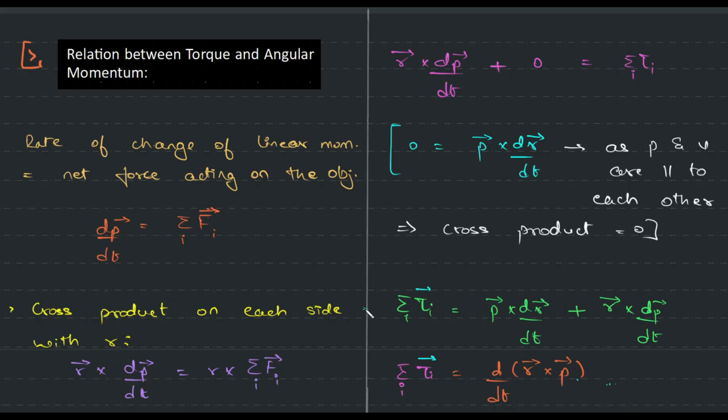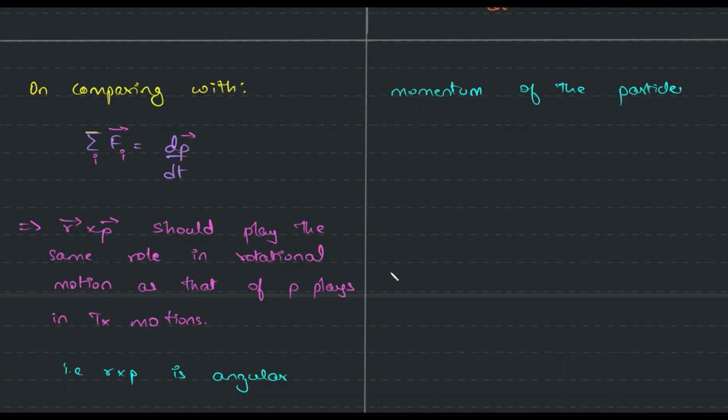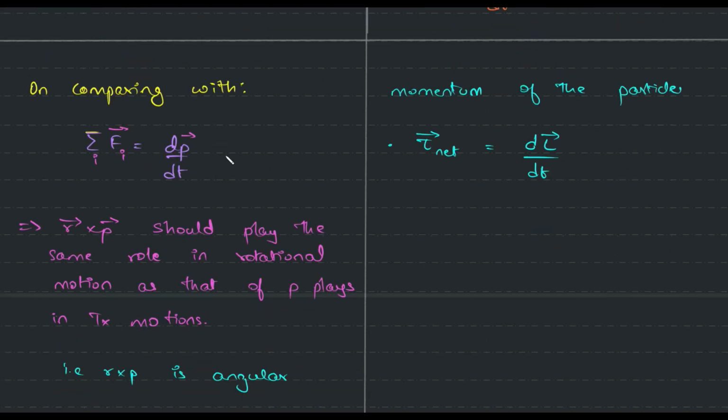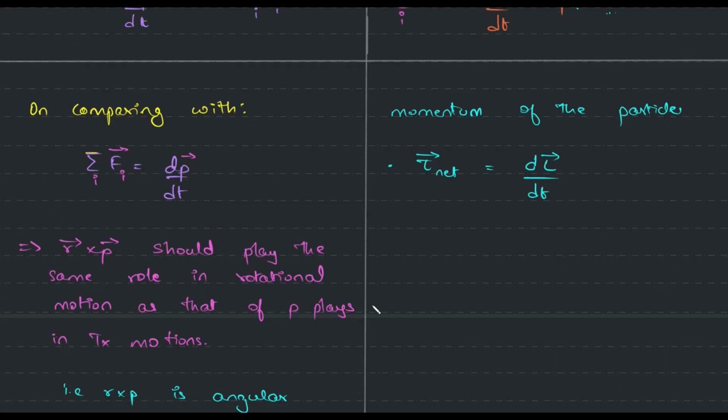Actually, sorry, I didn't conclude the answer. So basically, your net torque is equal to dL by dt. That's your final answer. What is this? This is nothing but same as this. Rate of change of momentum is nothing but force. Rate of change of angular momentum is your net torque. As simple as that.